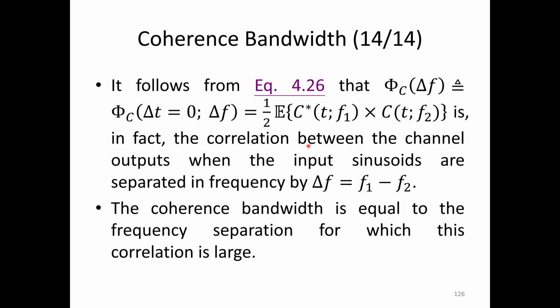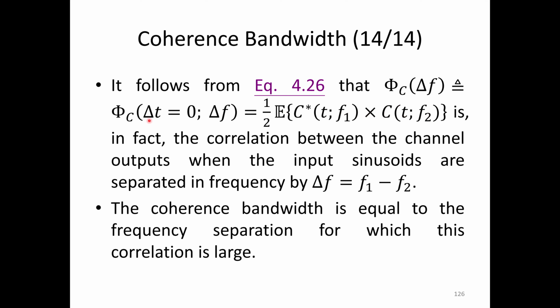Okay, this page. So phi C of delta F is defined as phi C of delta T being equal to 0, delta F. It is equal to 1 over 2 times the expectation of C complex conjugate of T, F1 times C of T, F2.